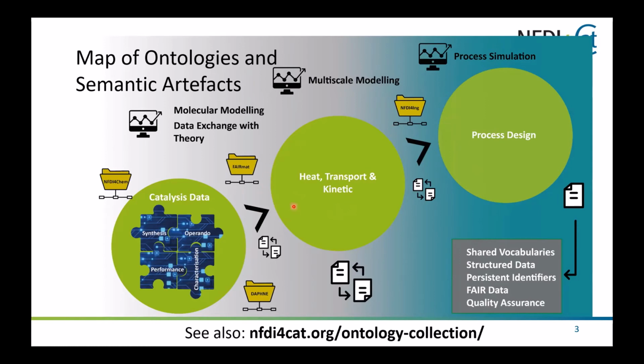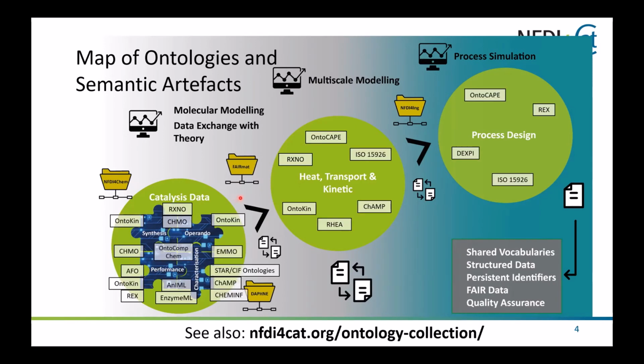And on the lower part, we have the connection to the chemist, to material science. We divided these catalysis data into four topics: the synthesis of catalyst, the working with catalyst, the operando data, the performance data, and the characterization, so the analytics, sometimes very particular for catalysis.